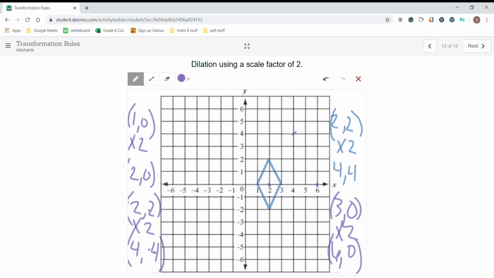So I'm going to count over 4 and down 4, 1, 2, 3, 4. There we go. So I'm going to draw in our new shape. And there is our new diamond. And we have dilated it by a scale factor of 2.